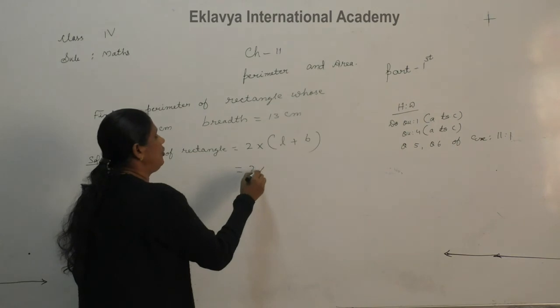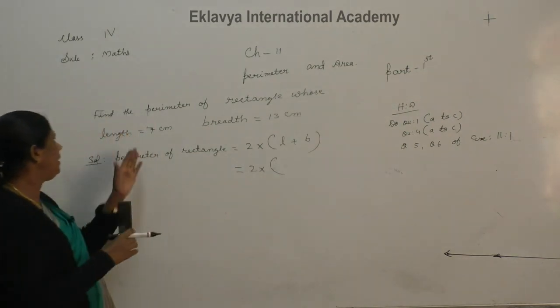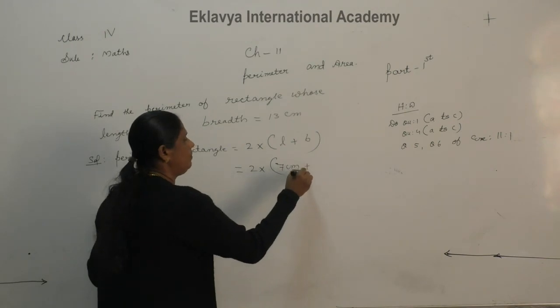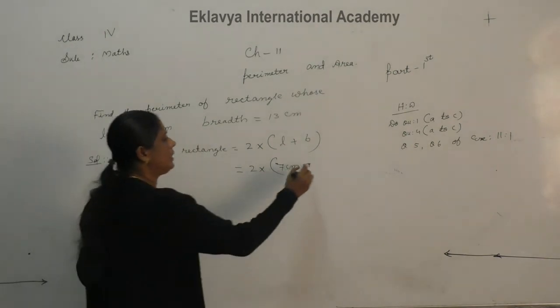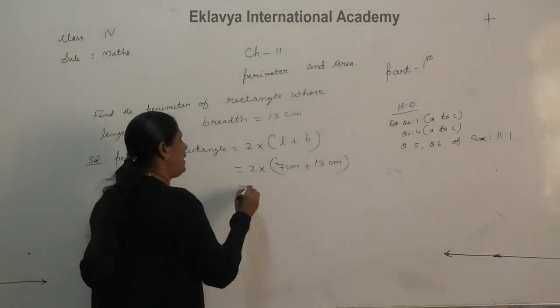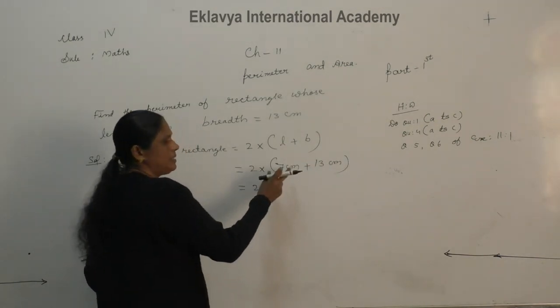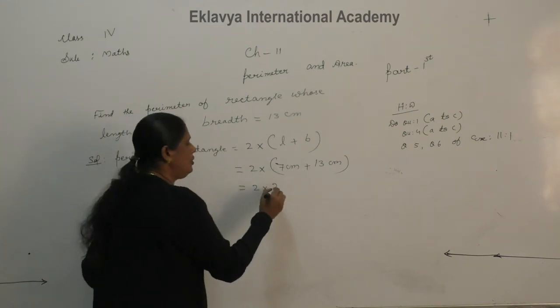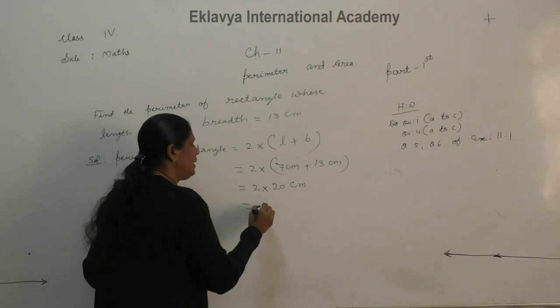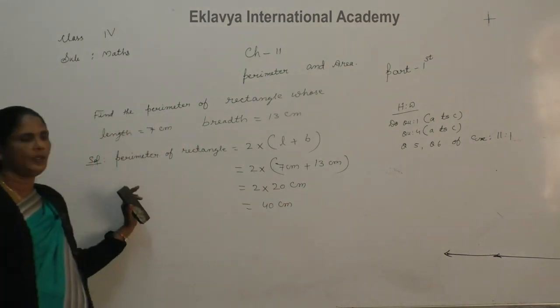Here 2 into our length 7 centimeter plus breadth 13 centimeter. Then first you add these numbers. 7 plus 13, 20 centimeter, then 2 times 20 is 40 centimeter. You understand this?